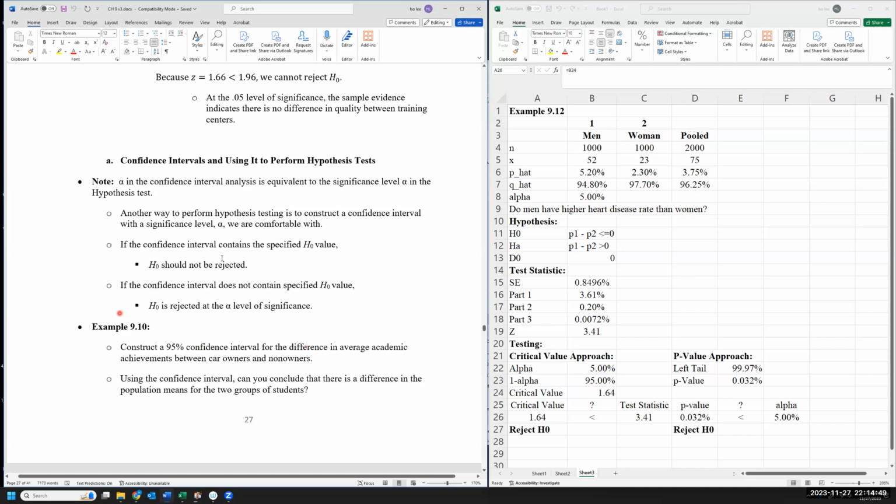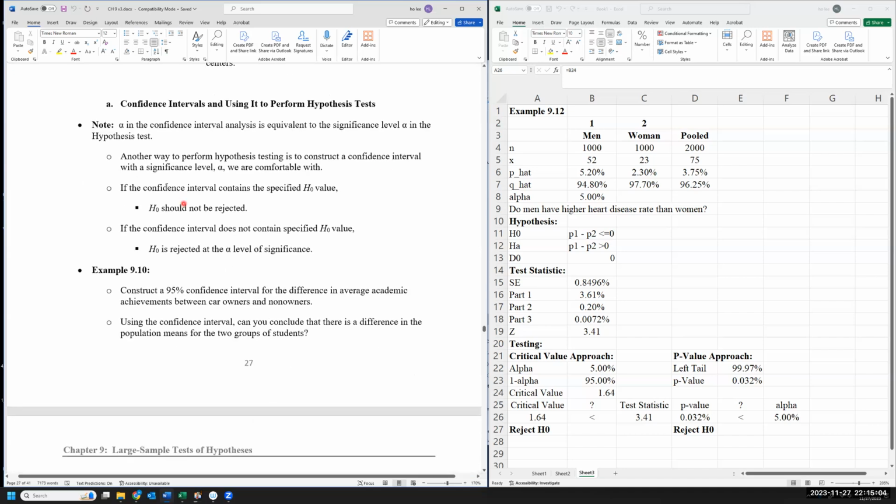Note that the alpha, the comfort level or level of significance in the confidence interval analysis, is basically equal to the significance level alpha in hypothesis testing. So another way to perform hypothesis testing is to construct a confidence interval with the significance level alpha.